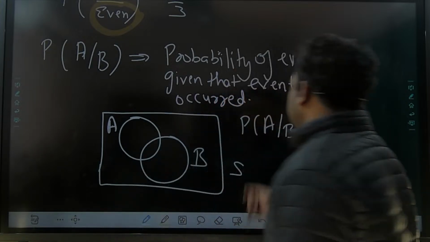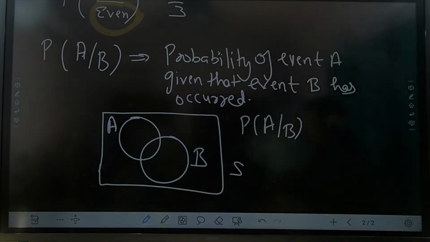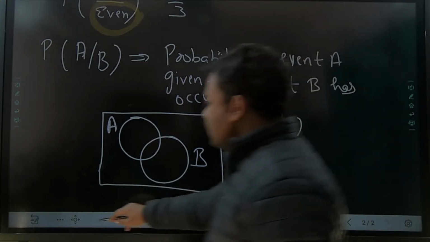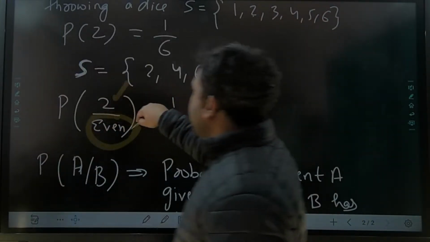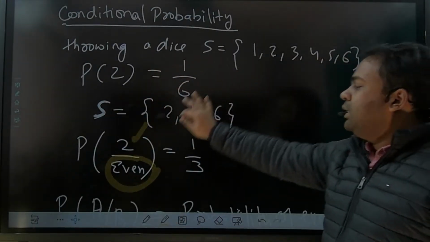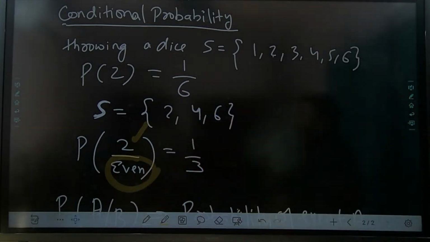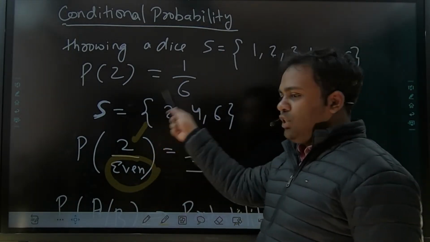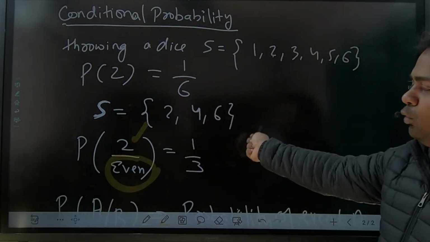So you are looking for A from B. So B is your new sample space. As you can see here, the probability of 2 you were getting from this sample space. But when you say the event of an even number has occurred, then your sample space changes to this. You're looking from this only to get the probability of 2.